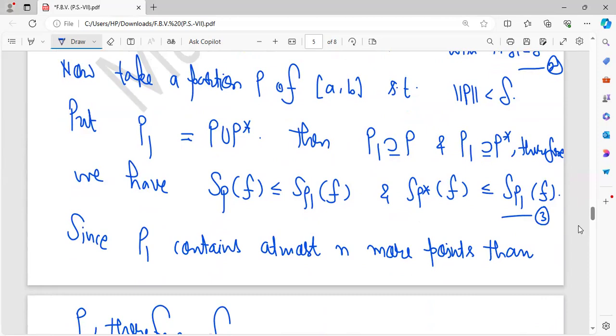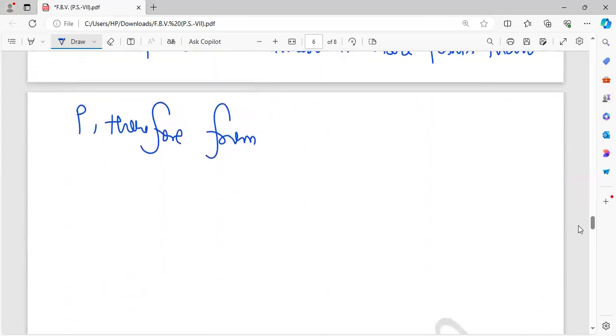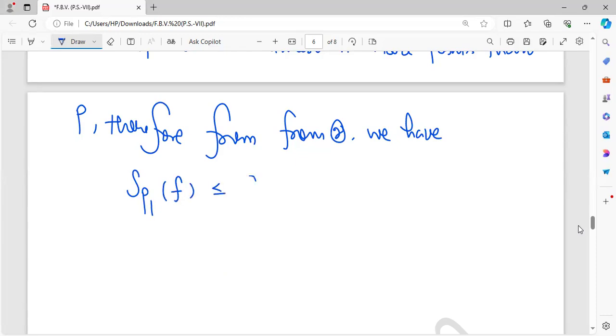Then from equation 2, we have S_P1 f will be less than S_P f plus 2n into epsilon upon 4n.